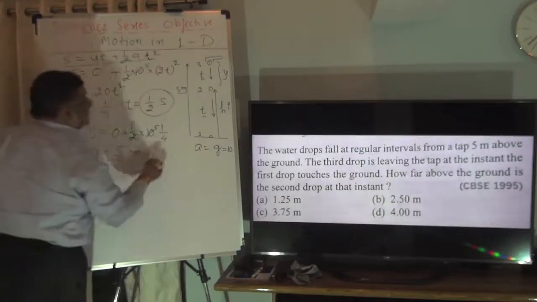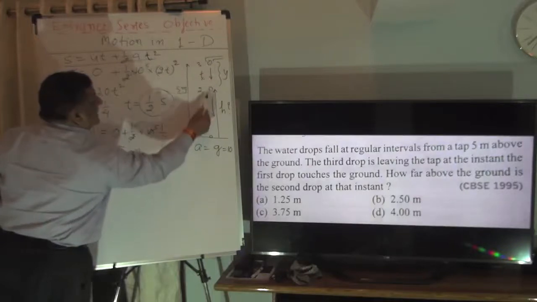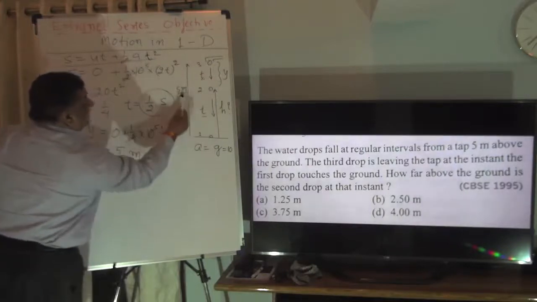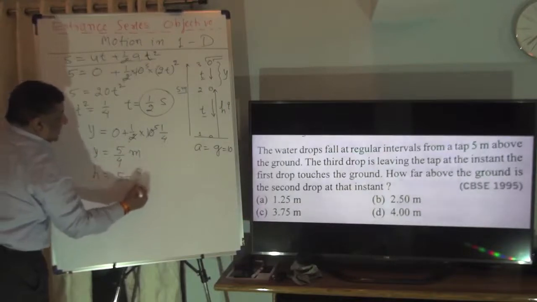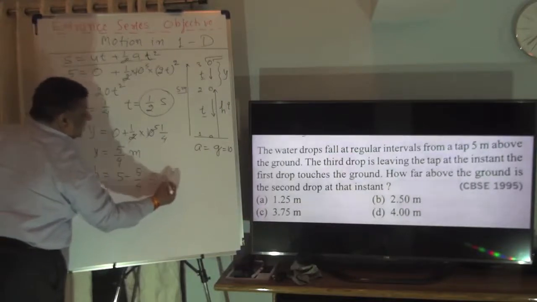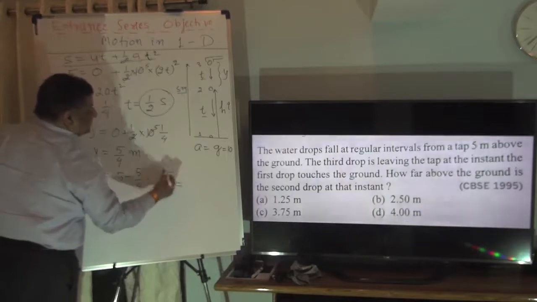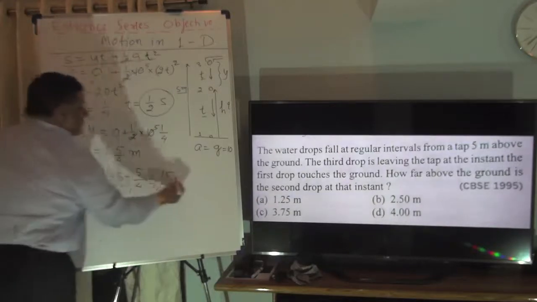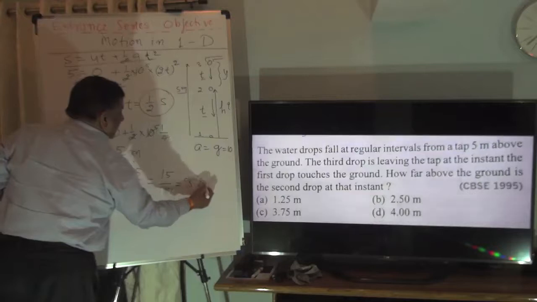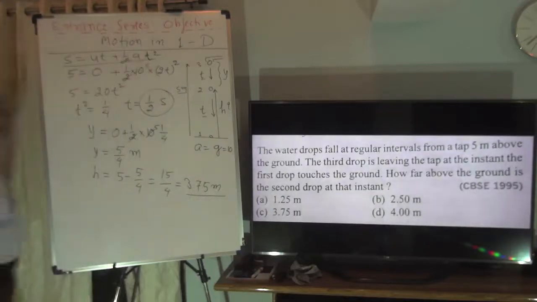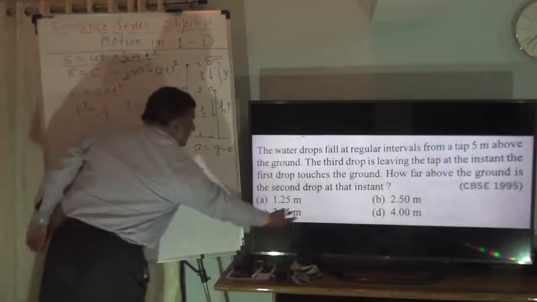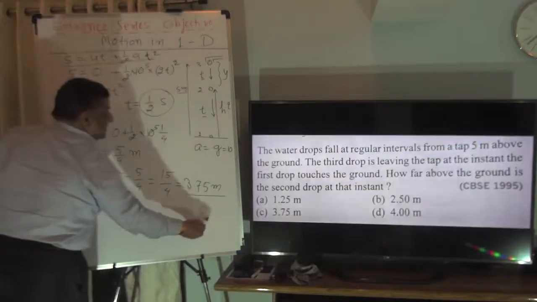Now if y is equal to 5 upon 4 meter, we can calculate h. h is equal to 5 minus 5 upon 4, that is 15 upon 4, which is equal to 3.75 meter. So our answer is 3.75 meter, that is option C.